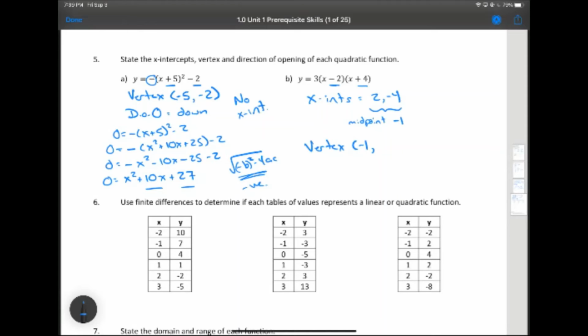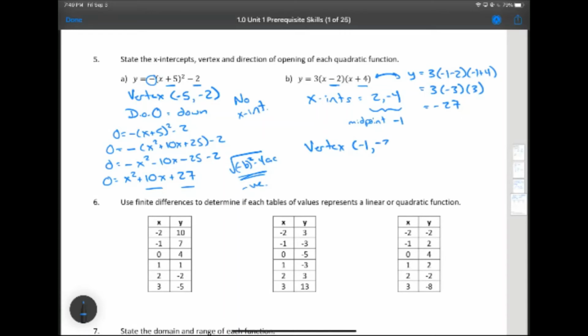But the good news is we can just literally plug it in to the original equation. The value for y when x is negative 1 is just 3(-1 - 2)(-1 + 4), which is 3 times minus 3 times plus 3, which is negative 27.